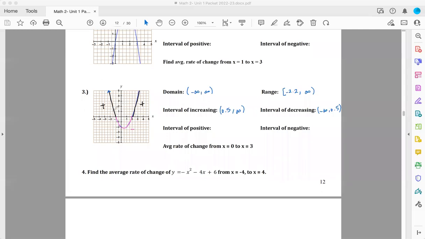So you can see that from this point and to the left, the graph goes upward above the x-axis, which is positive. And from this point and to the right, the graph is also positive. So how do we say that? From -1 and to the left, we would say from -infinity, comma, -1, that's the first part.